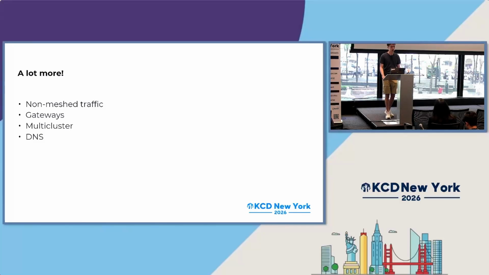You can say, hey, for this kind of traffic to this service, you just have the application send HTTP traffic. The ztunnel will encrypt it, send it to the egress gateway, and then on the egress gateway, you can configure it to add the key and the authorization bearer token.